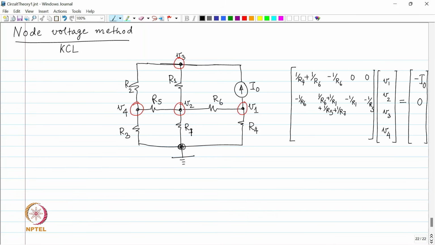Next, I go to node 3, and at node 3 what do you see? I see V 3 minus V 2 by R 1 plus V 3 minus V 4 by R 2 minus I naught is equal to 0.